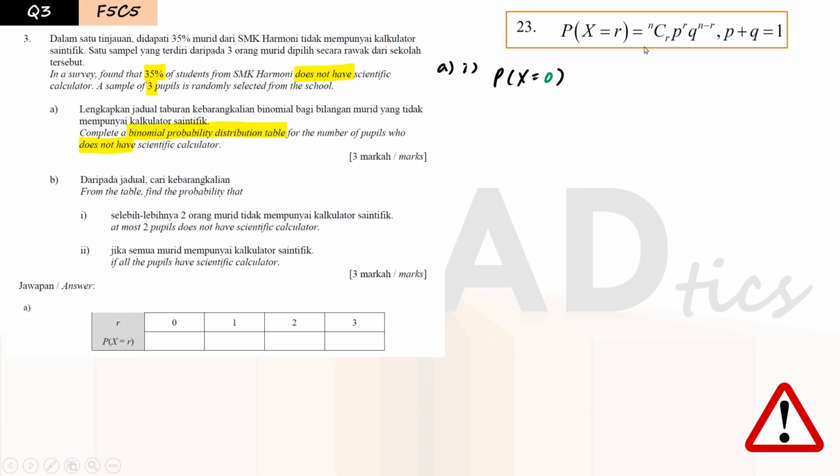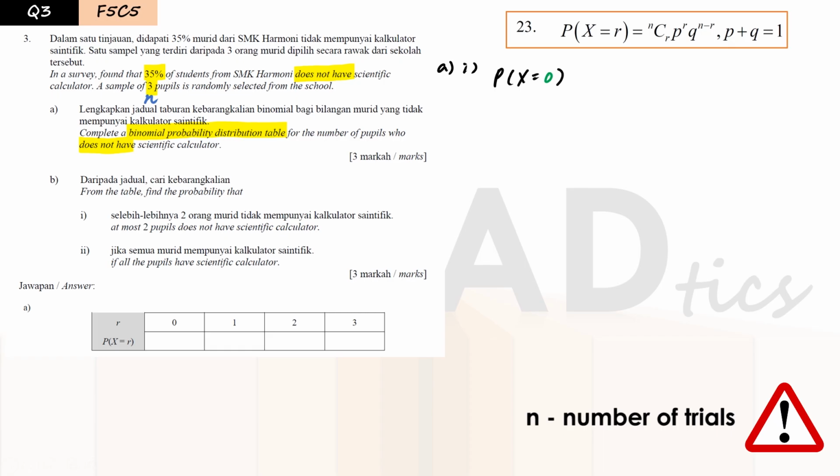Now we need to figure out n. n here is the number of trials, which is actually 3. Why is it 3? The reason is, let's say I choose the first pupil. When I choose the first pupil, it is already my first experiment, and I check whether this pupil has a scientific calculator or does not have a scientific calculator.